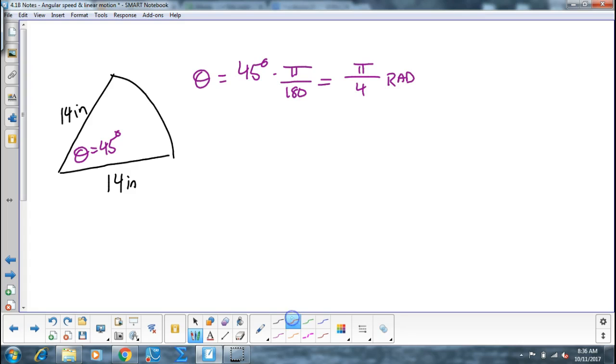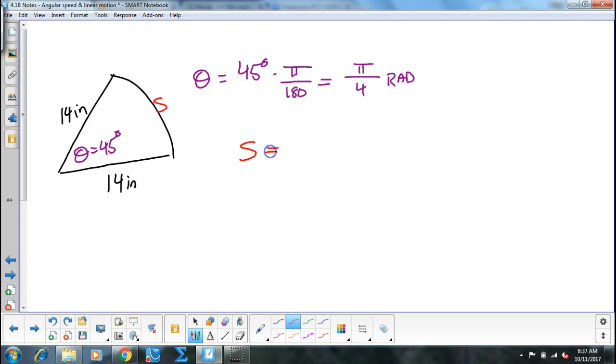Now, my arc length S there is equal to theta times my radius. So that's going to be pi over 4 times 14, which is 7 pi over 2.